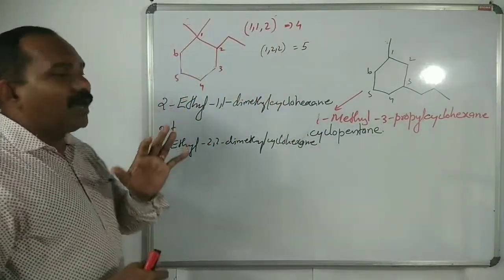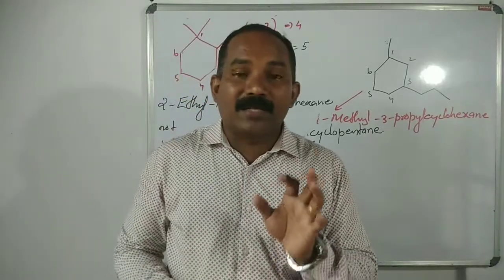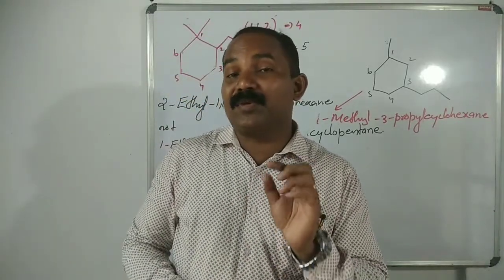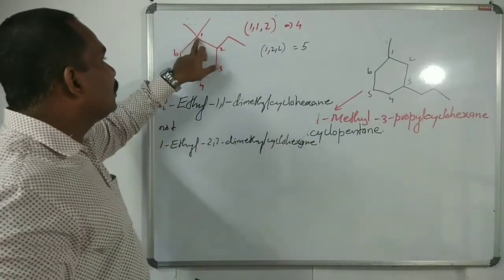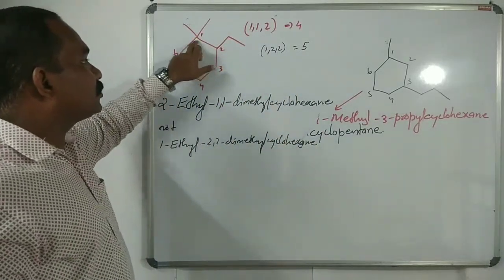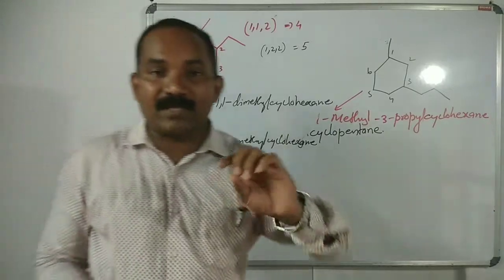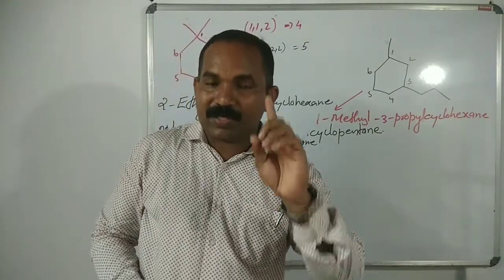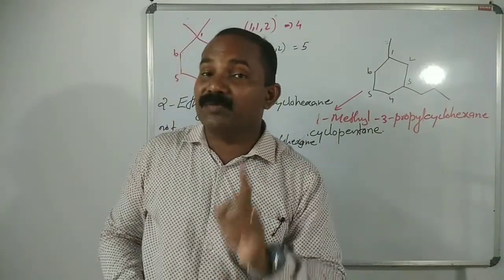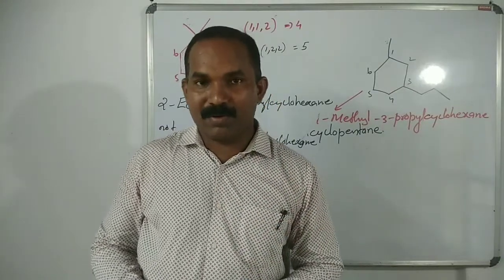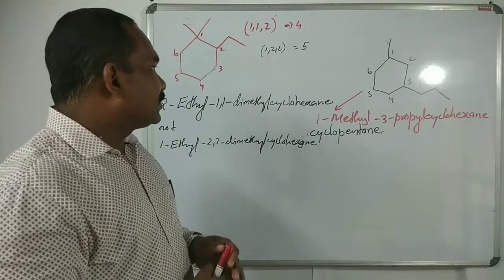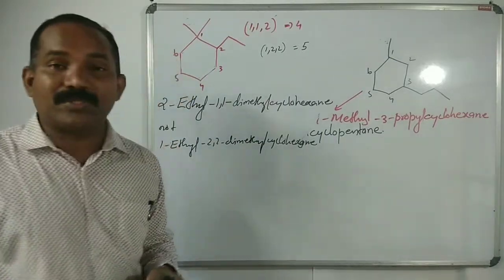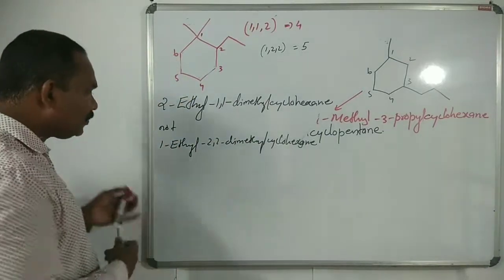Or think about it this way: the carbon with the maximum substituents will get the lowest possible number. Here this carbon has 2 substituents and the second carbon atom has 1 substituent. So the carbon with more substitution will get the lowest possible number. That's the rule for substitution in cyclic compounds.